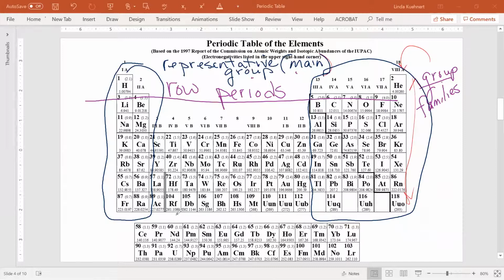The group that is sandwiched between these representative or main group elements are called transition elements. The transition elements are these in the middle, and the ones down at the bottom are called inner transition.